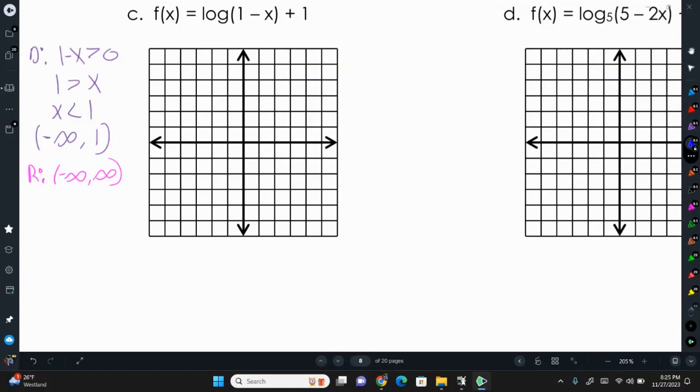Our vertical asymptote is going to be x equals negative 1. Sorry, not negative 1, positive 1.